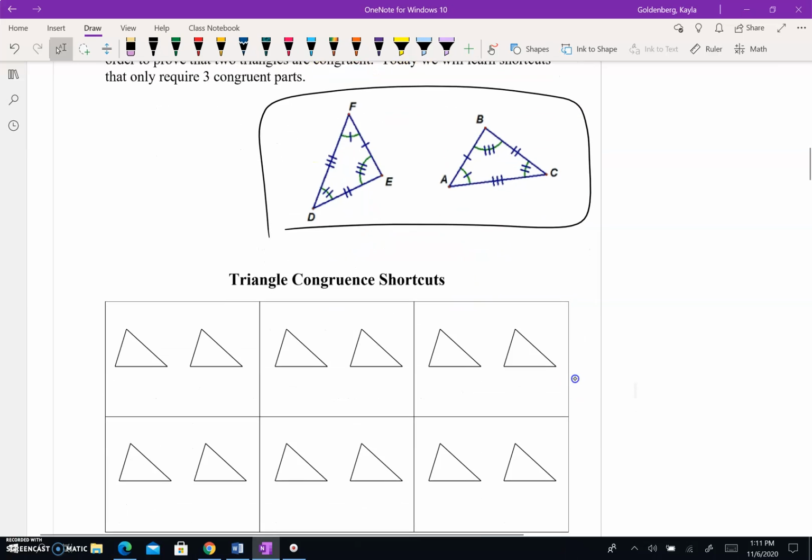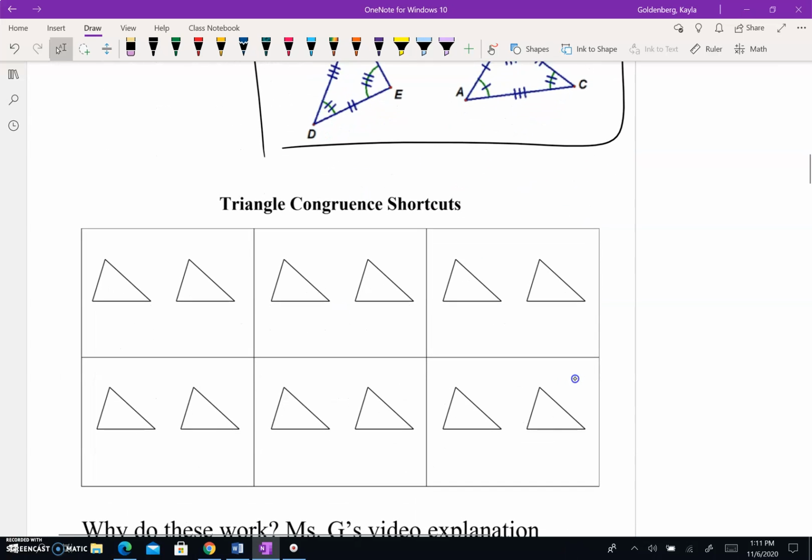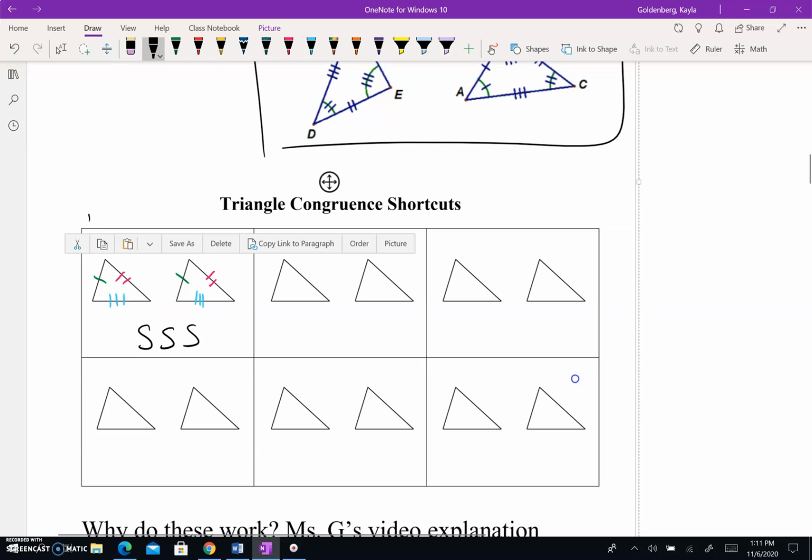And the shortcuts that we're going to see are going to come from the activity that you guys saw in Desmos. The first one is called side, side, side. And what that means is 1 pair, 2 pair, 3 pairs. So that means that all corresponding or matching sides are congruent.